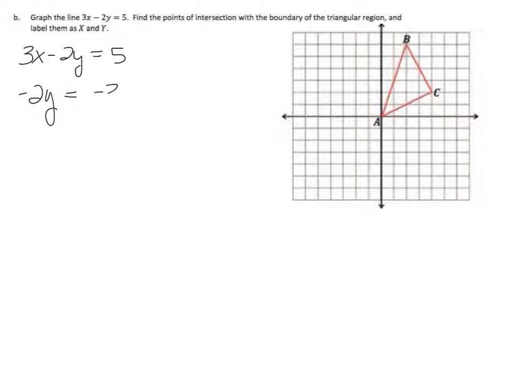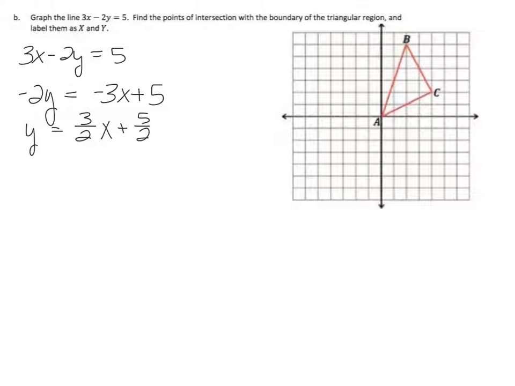So I'm going to move the 3x to the right and divide everything by -2. That's wrong. y equals 3 halves x minus 5 halves. Okay, 5 halves is the same as 2.5. So move down 2.5.